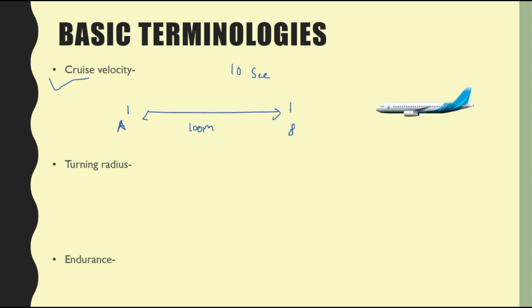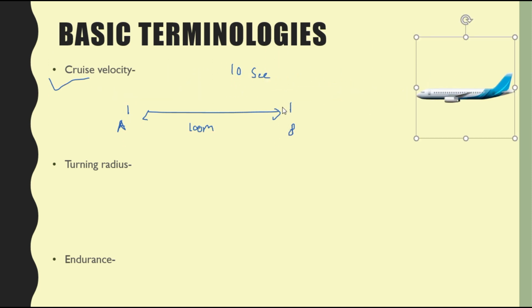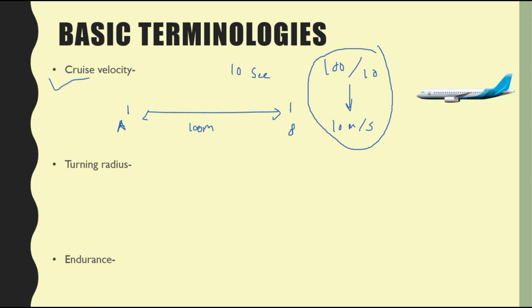The craft needs to cover 100 meters in 10 seconds. So the cruising velocity required is nothing but 100 divided by 10, which gives you 10 meters per second. That's how you decide your cruising speed.